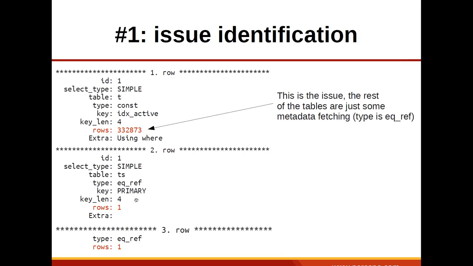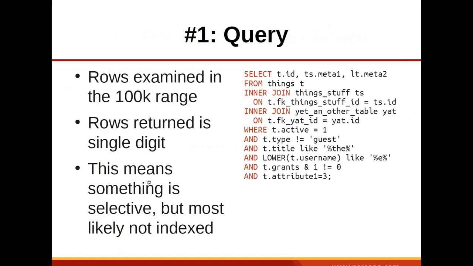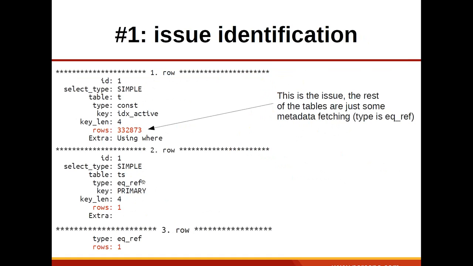And we can see that this is really an equijoin because we can see the type EQ_REF on each table, on things, stuff and on yet another table. So these are equijoins. These are not issues. The join is indexed well. The issue is with the filtering conditions.